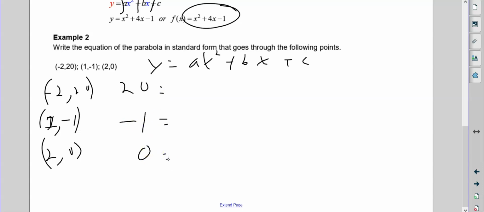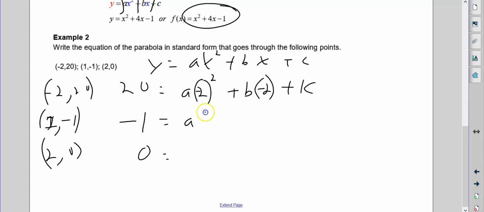But here I am plugging in the y's. I could also plug them in on the right side first before I get started. And now I'm just substituting in the -2. So -2 goes there, squared. Here comes the b with the -2 after it, and 1c as usual. Then we're going to plug in the 1's.